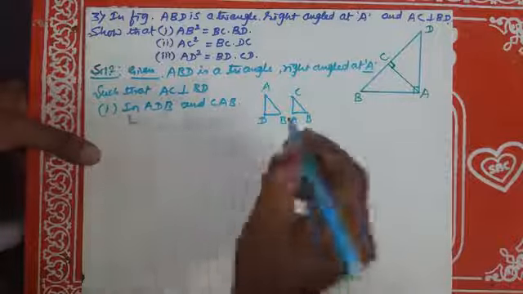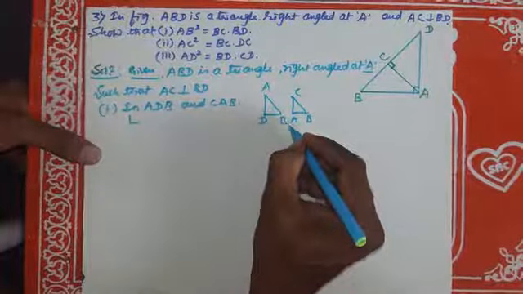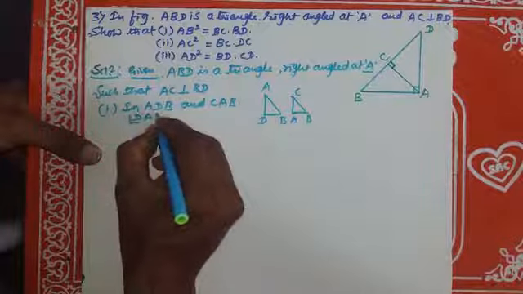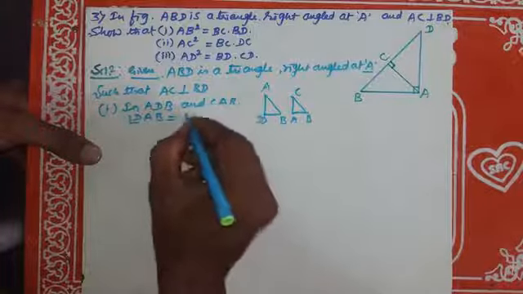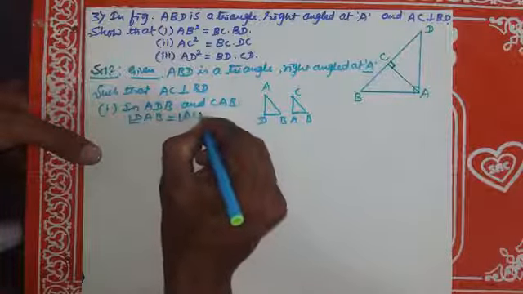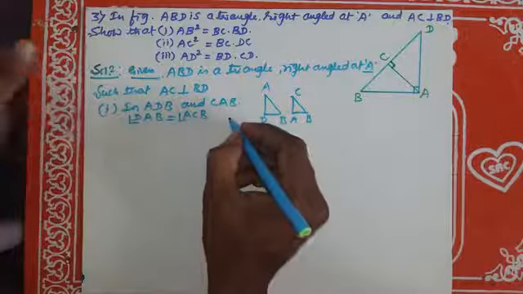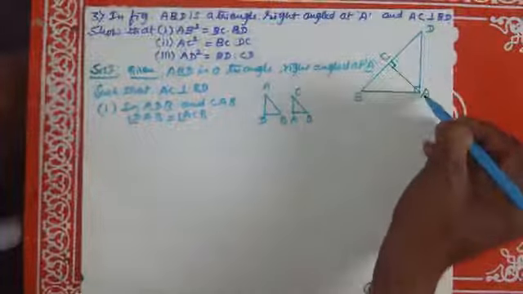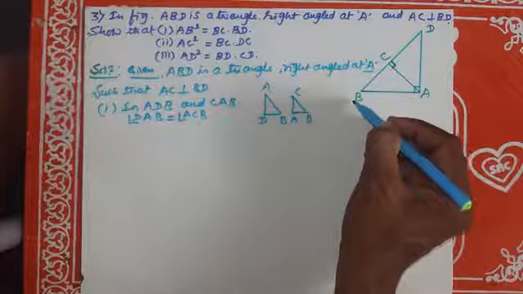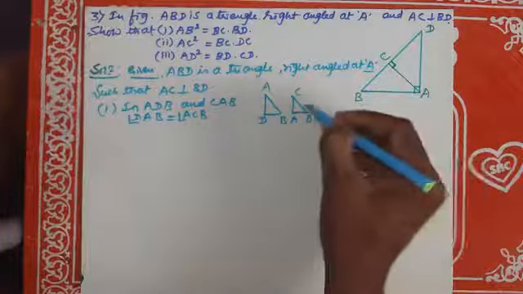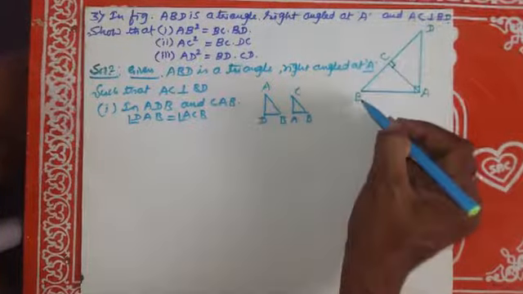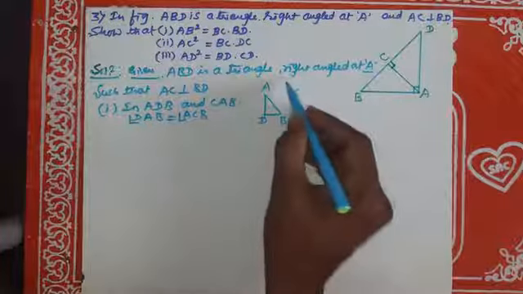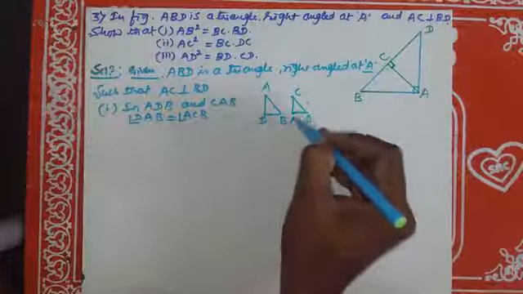Here, angle DAB is equal to angle ACB. This is just a rough figure. Okay, ADB and CAB.